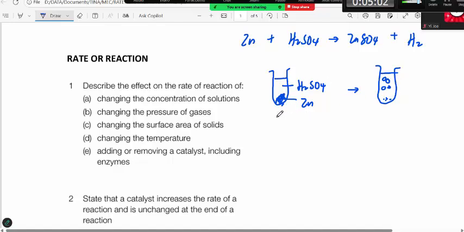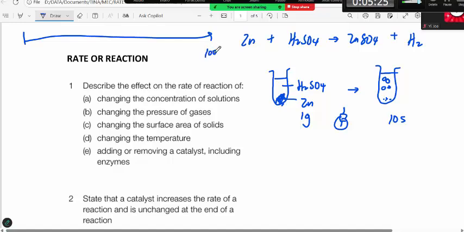Okay, so let's say you take a stopwatch and measure the time taken. You press your stopwatch, this whole reaction takes about 10 seconds. Now, you know that you put exactly 1 gram of zinc inside the test tube. If you are running 100 meters and you take 10 seconds, your speed is 100 meters over 10 seconds, which is 10 meters per second.